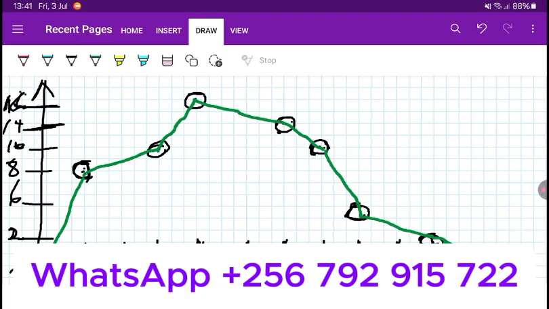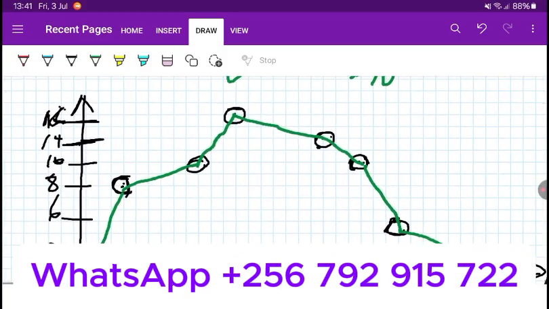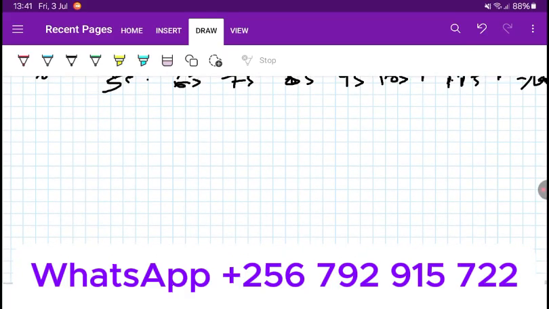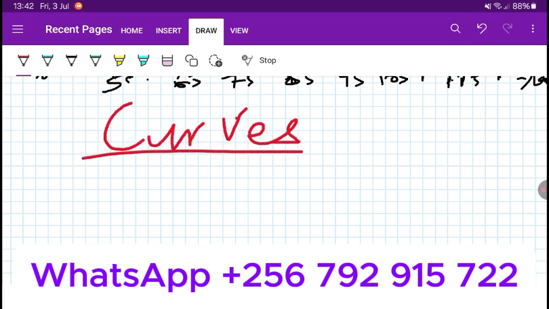So what we are left with as far as chapter 5 is concerned are what we call the curves. We are left with curves alone. And of course, I want us to look at curves as our next item.